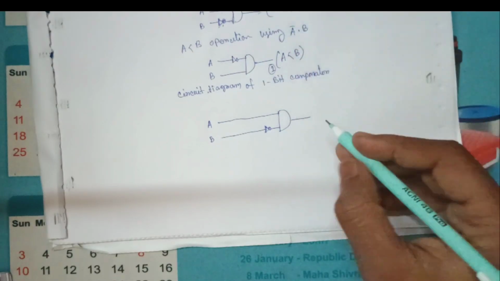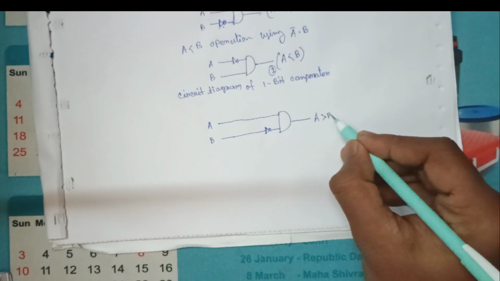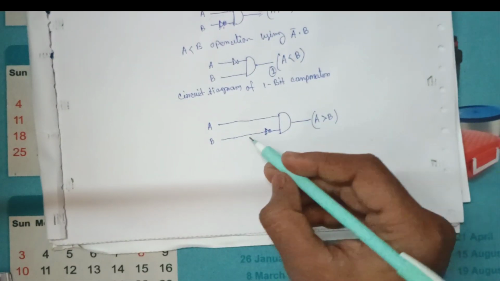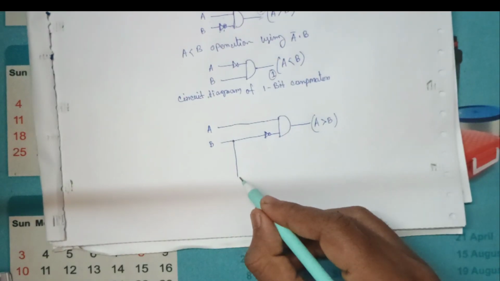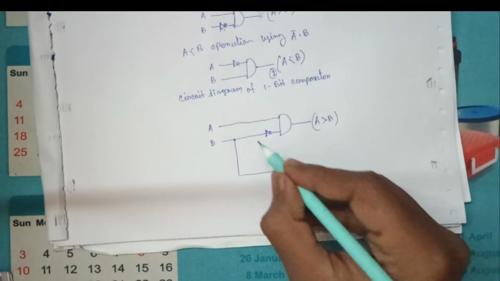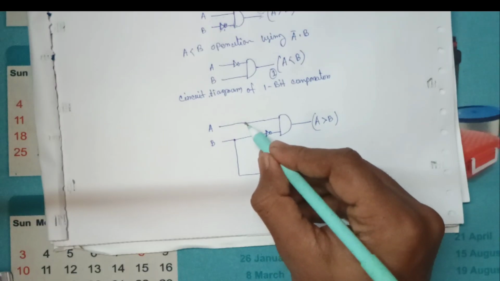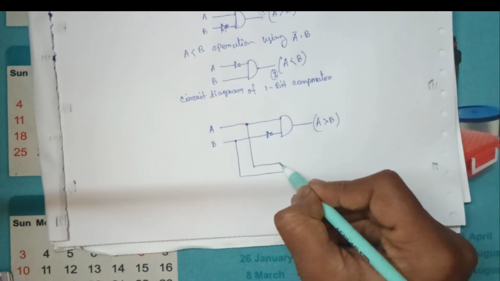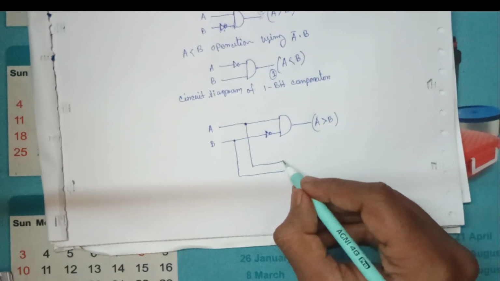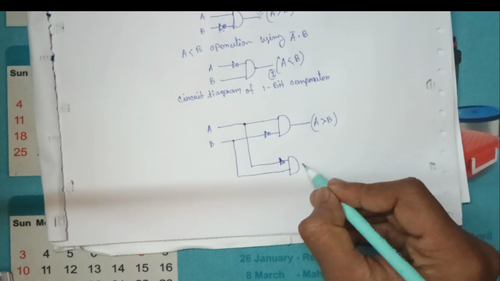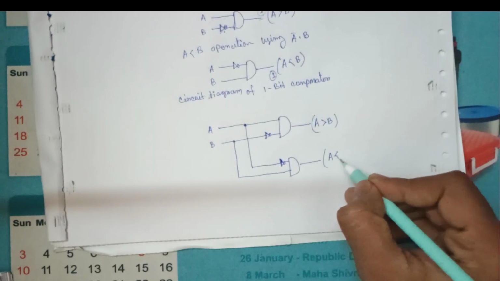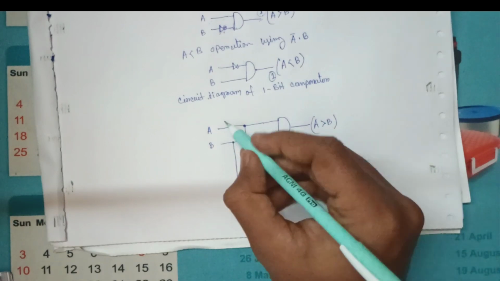This is for A greater than B checking. This is for A less than B checking.